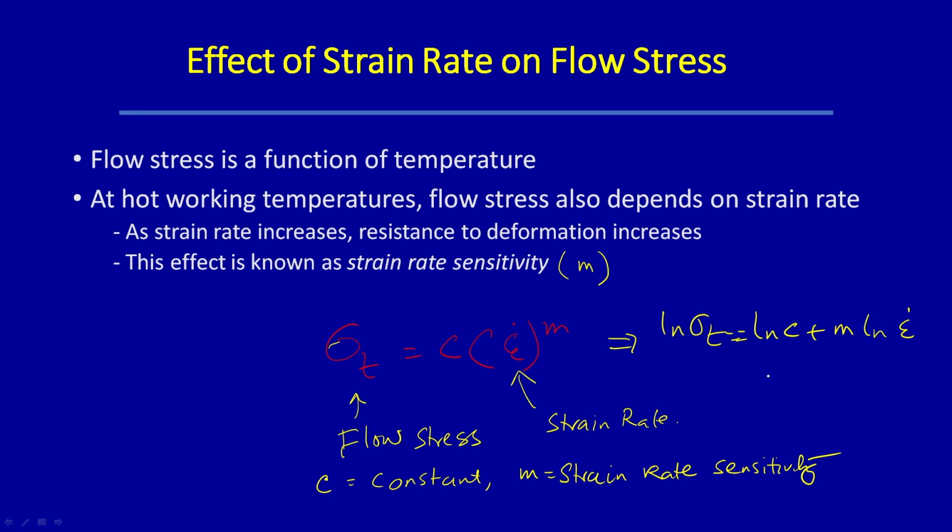Now if I plot, I will show you on the next slide, log sigma_t on the y axis and log epsilon dot on the x axis, I should get a straight line with the intercept given by log of C, and the slope of this curve will be m. So you can easily measure m, and m is basically a material property or material parameter.